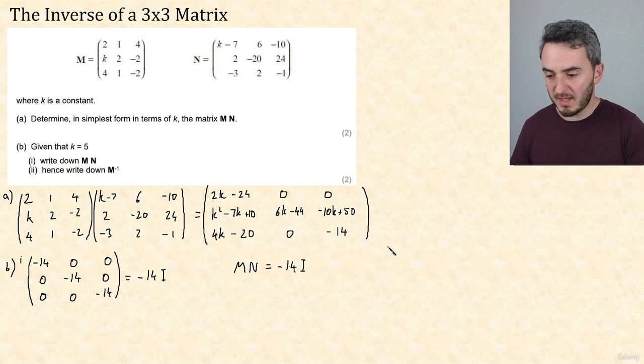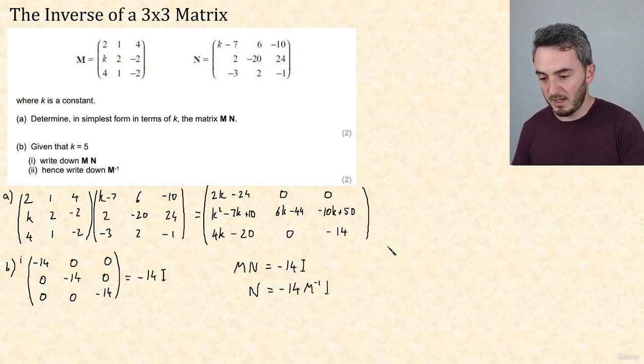Well, how do we get M inverse into this? We can find it by left multiplying both sides by M inverse. If you left multiply this by M inverse, you just get N. And if you left multiply this by M inverse, you get minus 14 times M inverse times I.